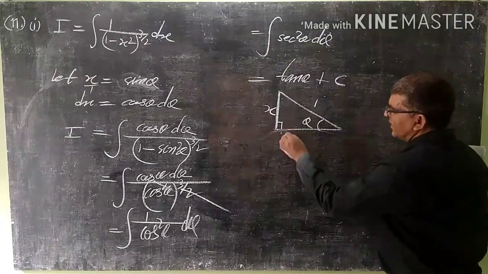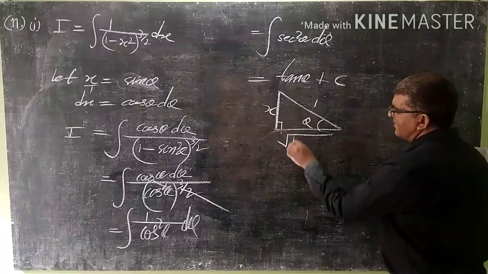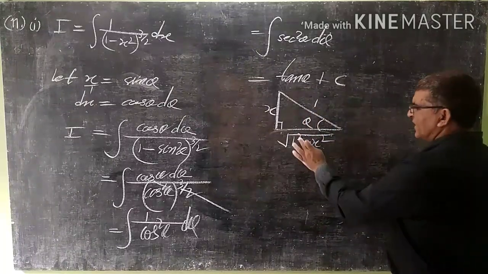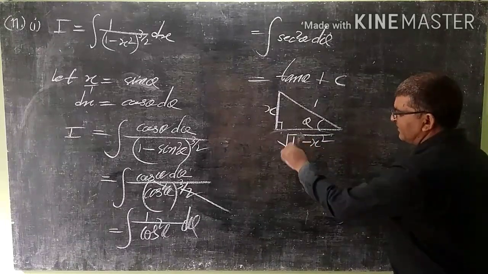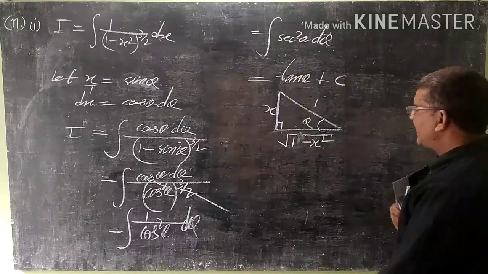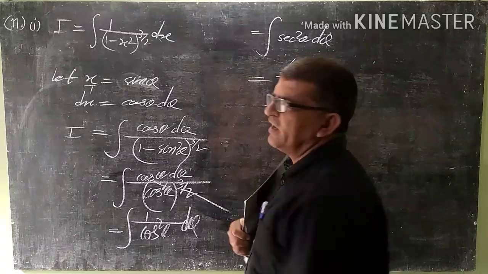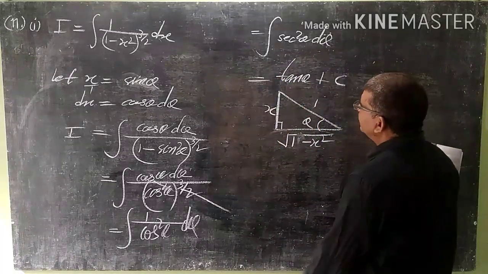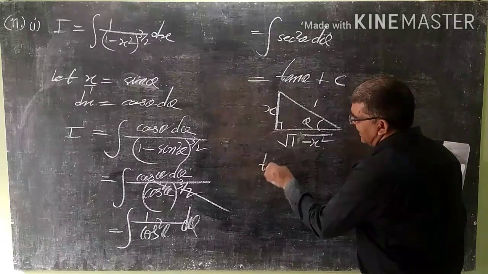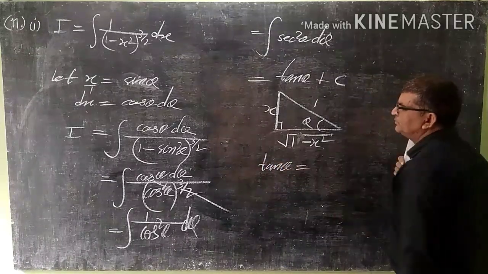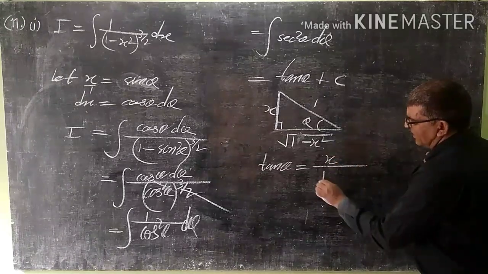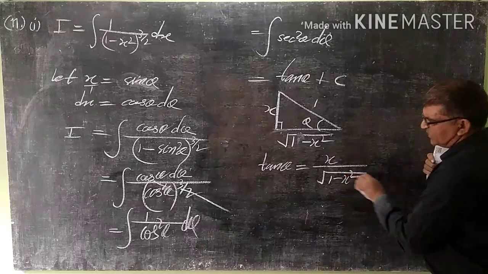Now we can calculate the base equal to hypotenuse square minus perpendicular square, and 1 square can be written as 1. Then the base of this triangle will be under root 1 minus x square. And now we can write tan theta equal to perpendicular upon base, x upon under root 1 minus x square.